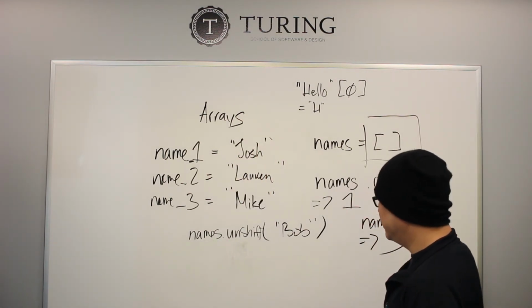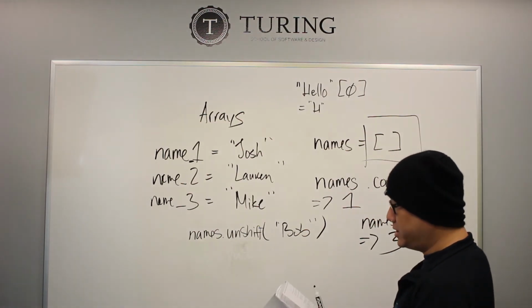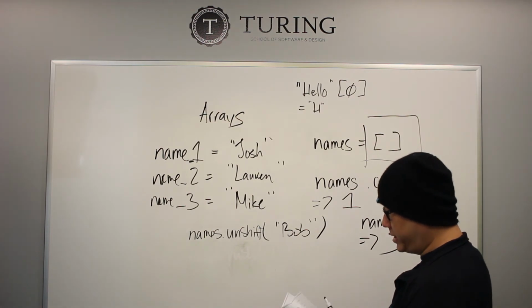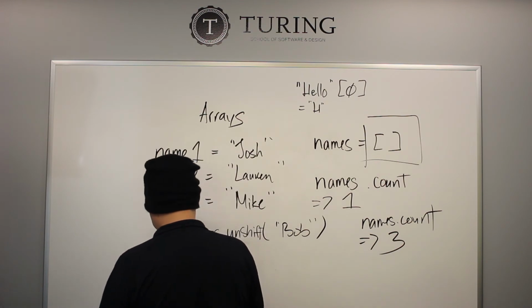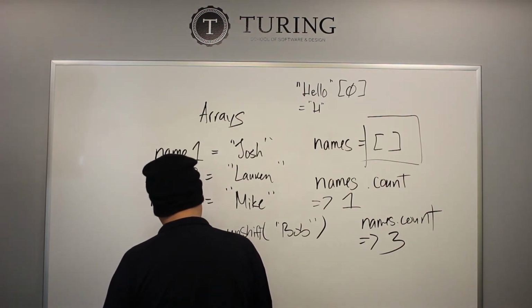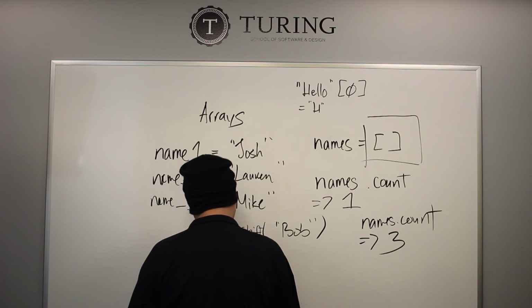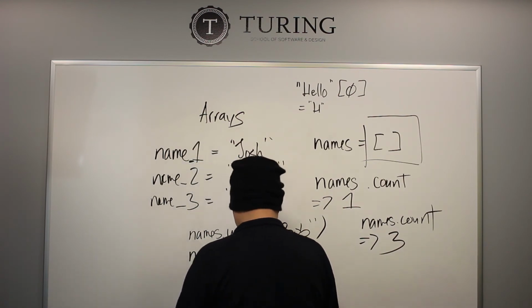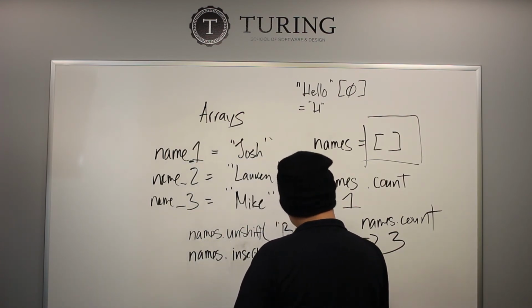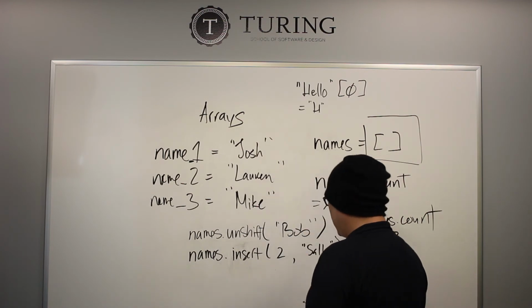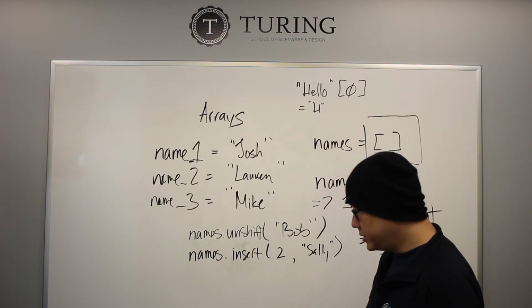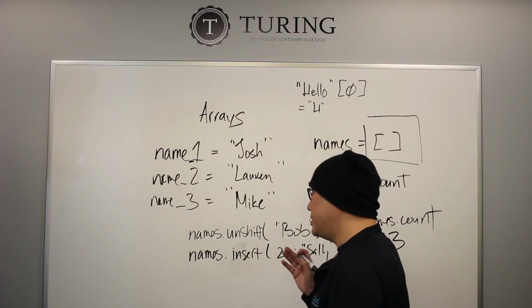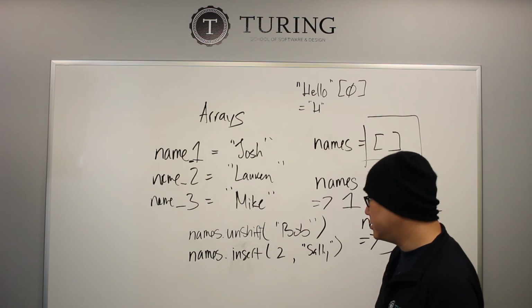Cool. There's also insert, which is a fun method. What insert does is it lets us literally insert something midway. So let's say we did names.insert 2, Sally. What happens if we type in names and enter now? Well, we'll see that Sally has been inserted at the second position, or the 2 position.